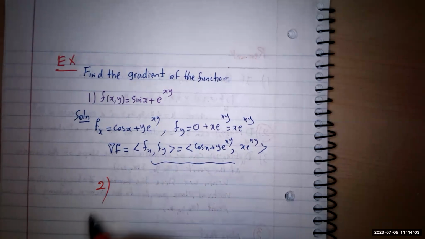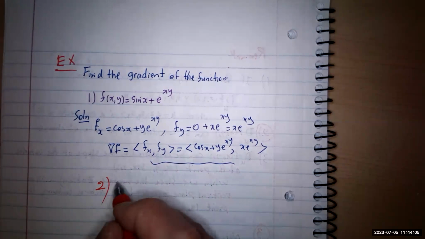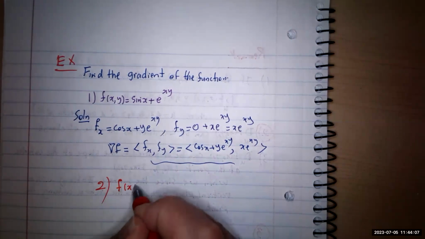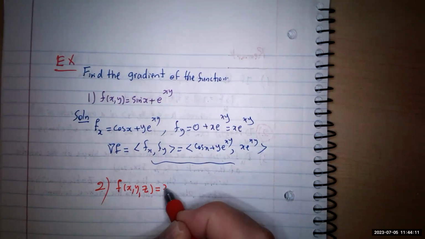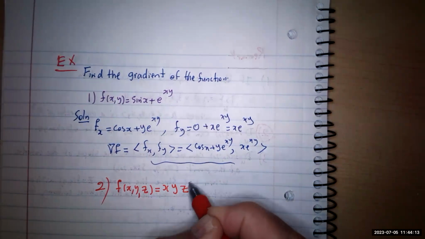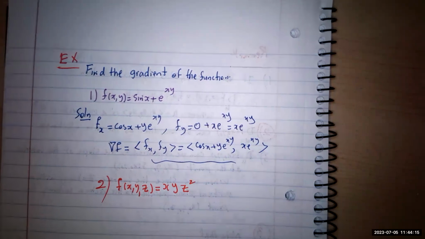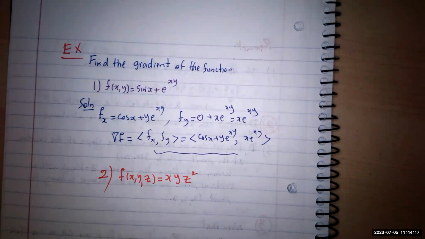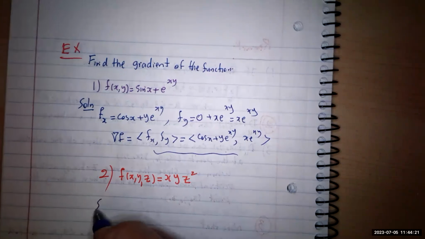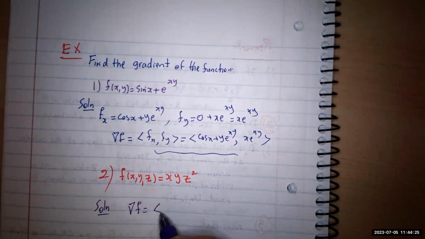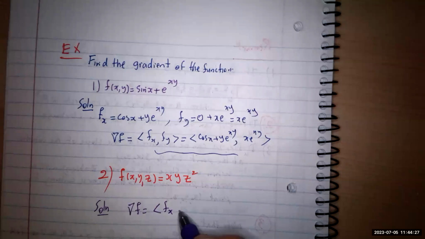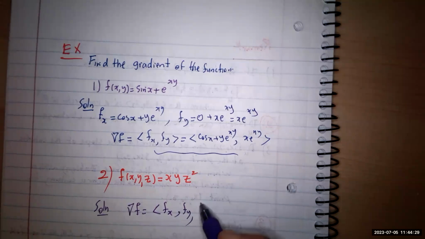Function of three variables, just to remind you, this is where you are going to use it for three variables in future. So that's x y z squared. The gradient vector, the grad of f, is going to be the partial derivative with respect to x, the partial derivative with respect to y, and with respect to z. Remember, it's a vector.